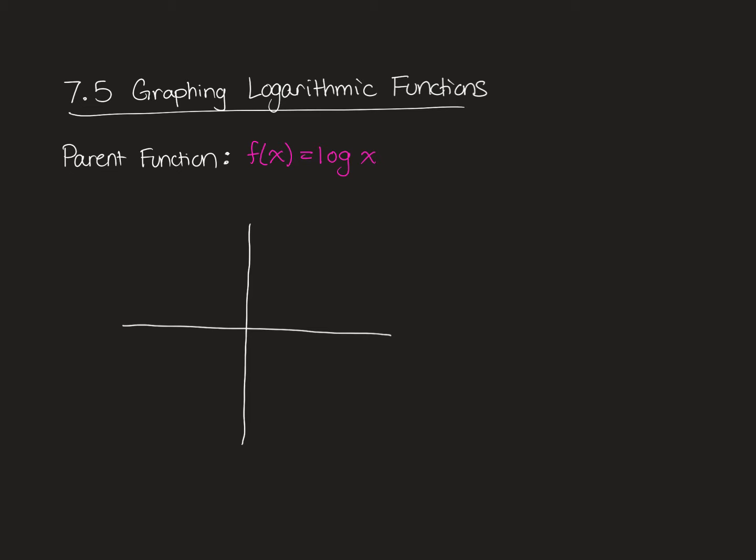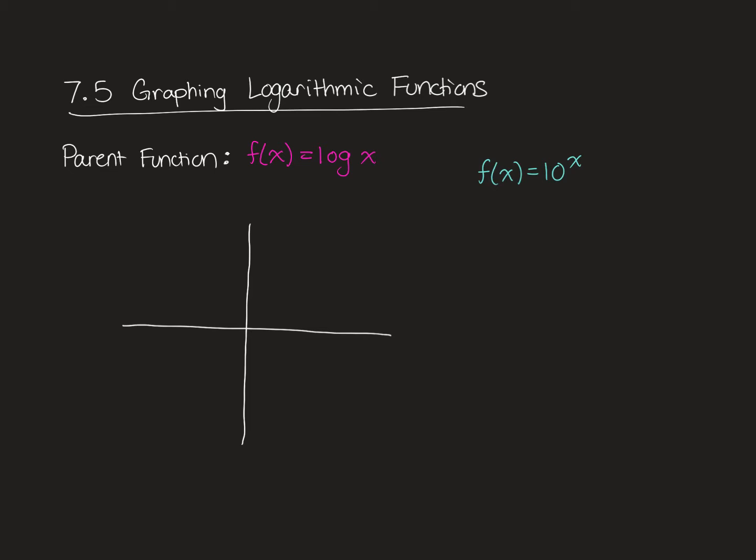So what I'm going to do is show you how a logarithm is the inverse of an exponential. The inverse of log base 10 of x is going to be 10 to the x.